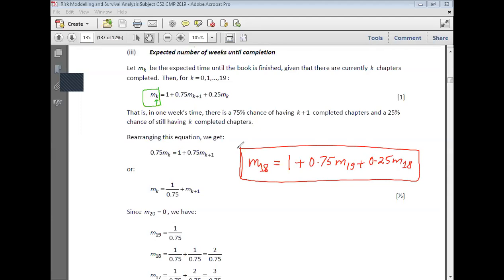The expected time until you expect the book to complete, given that you have finished 18 chapters, what will it be? They're saying that it is just going to be 1 plus 0.75 M19. So let's see what M19 is. Anyone? Can you explain in words what M19 is here?